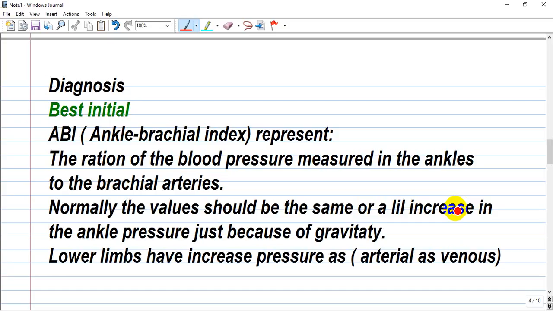Normally it should be 1 or equal, but sometimes we have increased blood pressure in the lower limbs just from a gravity property.